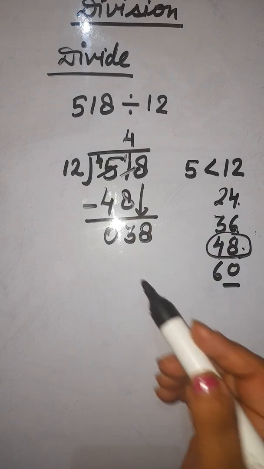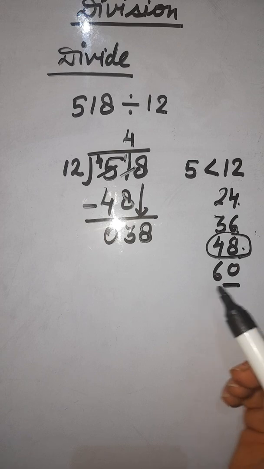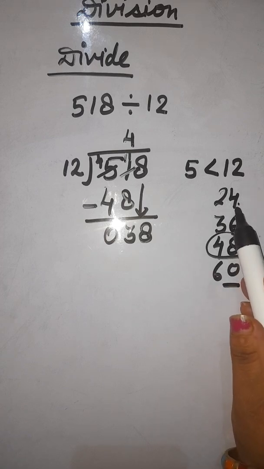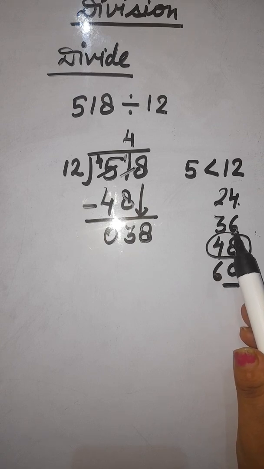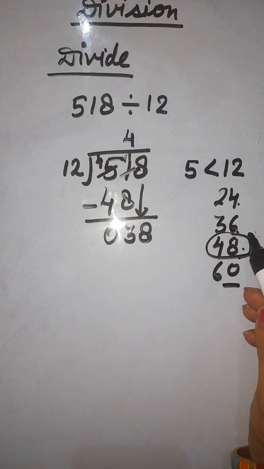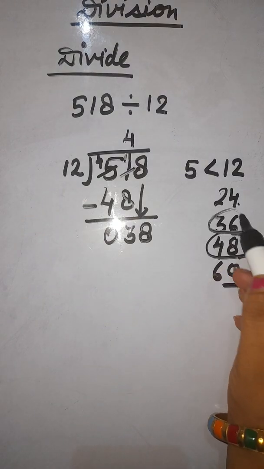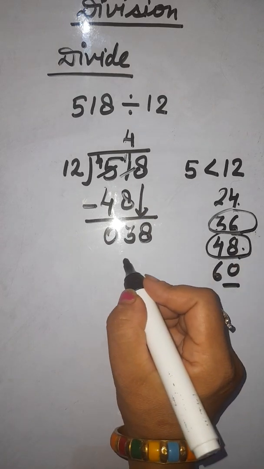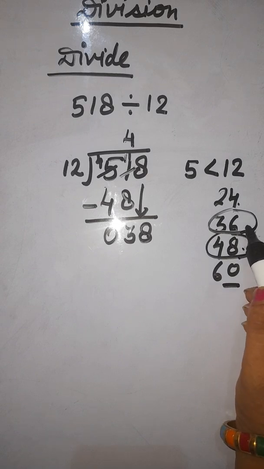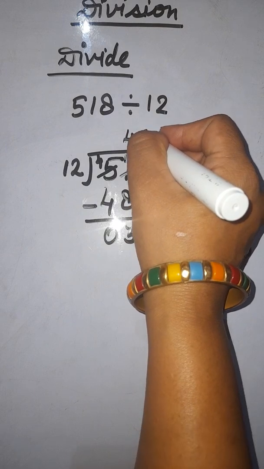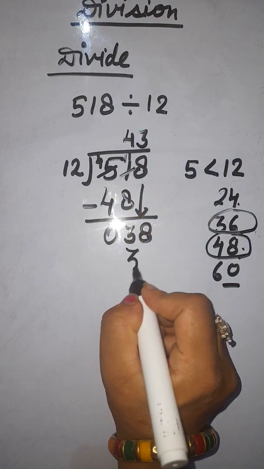Now check, 38 comes in the table of 12. 12 ones are 12, 12 twos are 24, 12 threes are 36, 12 fours are 48. 48 is greater than 38 and 36 is smaller than 38. So we'll write this number here. 12 threes are 36.